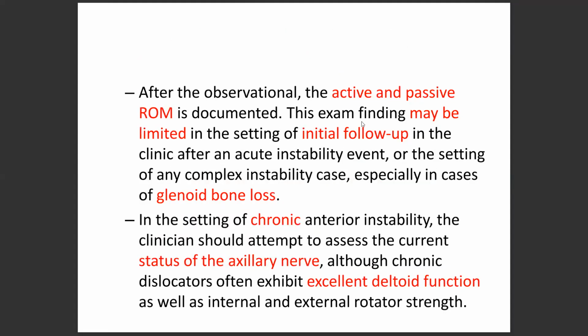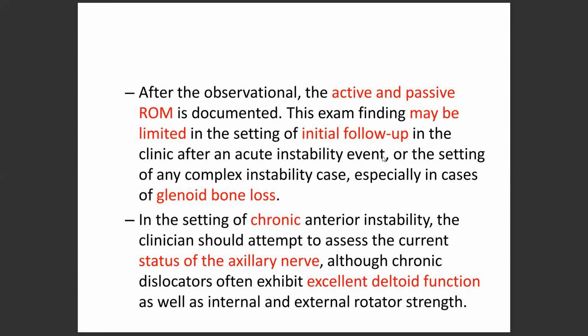After the observation, the active and passive range of motion should be assessed and documented. This exam finding may be limited in the setting of an initial visit to the clinic after an acute instability event, just because there may be swelling and too much pain, and in that case it is very difficult to check that range of motion.